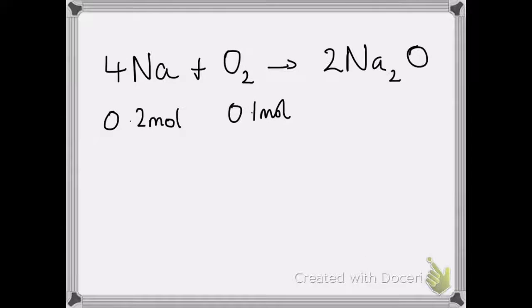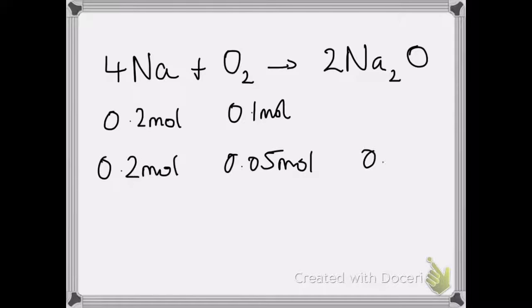And in our final example, we have 4 Na plus O2 goes to 2 Na2O, and 0.2 moles of sodium and 0.1 mole of oxygen. You might think just by looking at the numbers that the excess reagent will be the sodium. Whereas in fact, if you actually do the mathematics on this, you will see that the ratio of 4 to 1 means that 0.2 moles of sodium will react with 0.05 moles of oxygen to form 0.1 moles of sodium oxide.